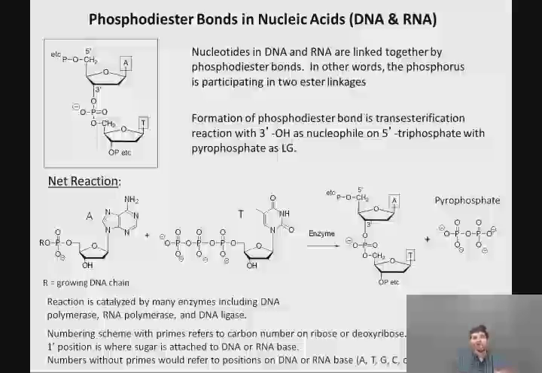So if you just work your way down the carbon chain, 1', 2', 3' is where there's an OH in the A, and then 4', 5' has the phosphate on it. The reason why we have to use primes is that the adenine and the thymine rings themselves have an independent numbering scheme, and those are the numbers without primes.